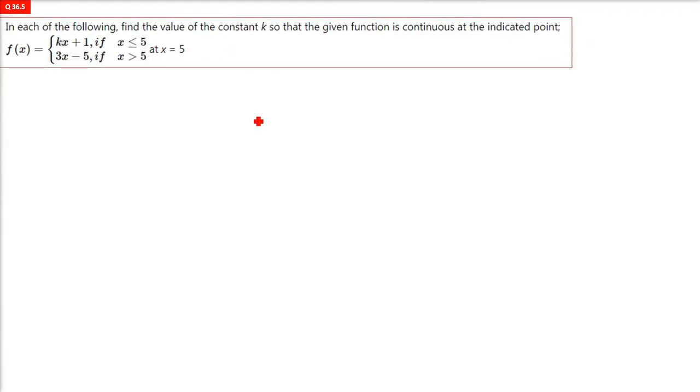In each of the following, these are all the same kind of question. One of them we are going to do a different way, but here we have x equals 5, so we have to check at x equals 5. And if you go a bit backwards, x is less than 5, you are going to use kx plus 1.